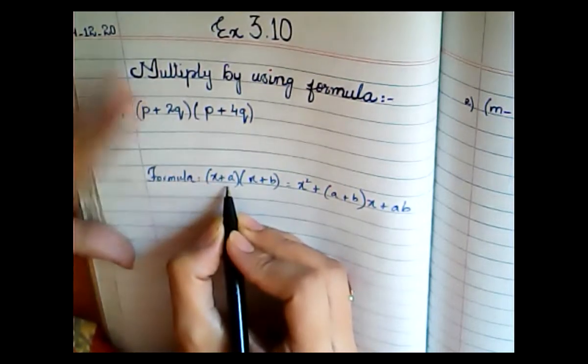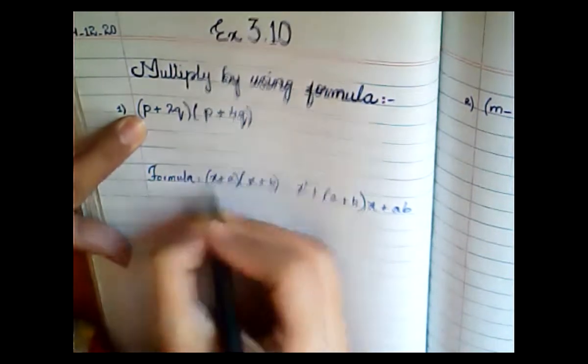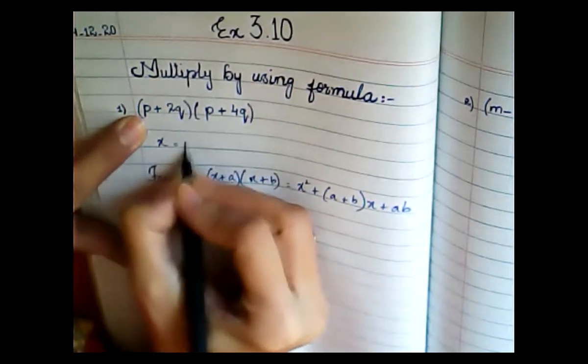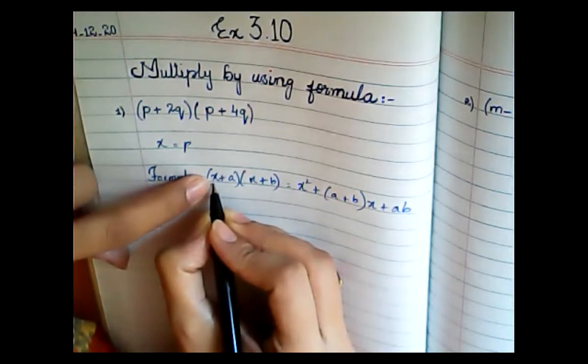So when we compare the left hand side of the formula with our question, we get x is equal to p. Here the first term is p and in the formula the first term is x.